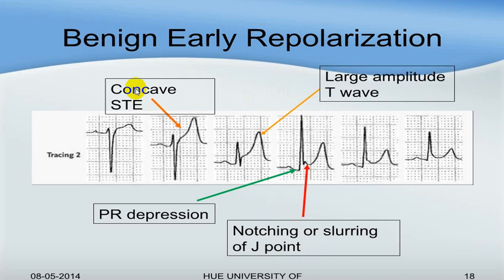So concave ST segment, tall T wave, PR depression, J wave notching or slurring, and if this is present in the chest leads from V2 to V6, particularly V4, V5, V6, and in lead 2, lead 3, AVF, suspect benign early repolarization.